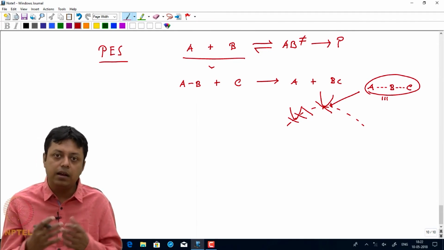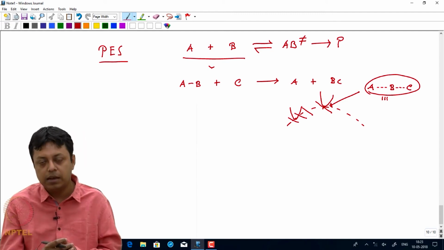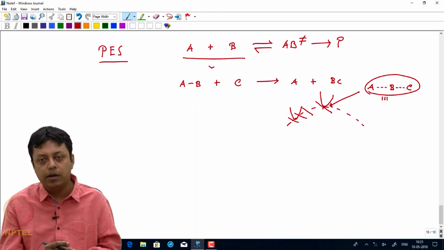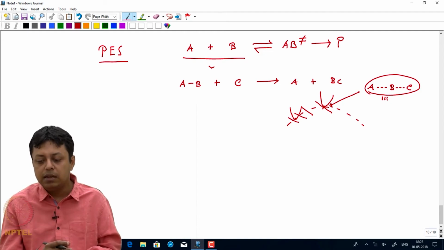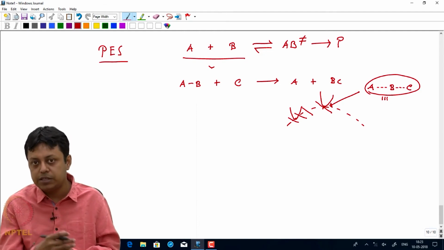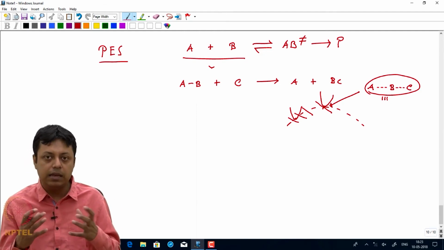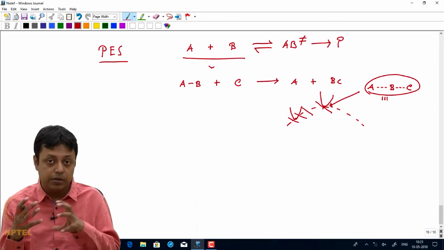And then we gave an example for structureless molecules, like hard sphere molecule collision, and we showed that it right away reduces to the expression for the bimolecular collision theory. And then we said that for any transition state of a very complicated system, you can think that there is a specific orientation for the transition state.